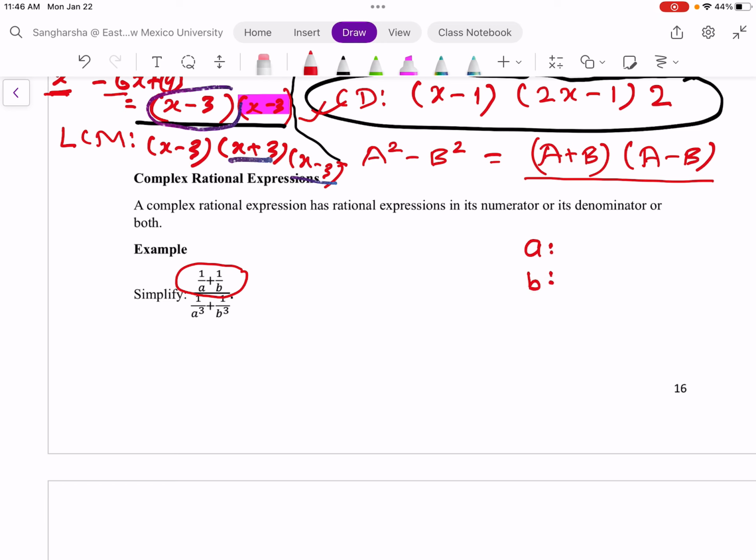What is the common denominator? ab. And the method is the same, okay? The factor for a is a itself, right? Factors means a number that divides. The factor of b is b itself. In order to find the common denominator, we look for the common factor. There is no common factor, so you write down every factor together. So you have a, b. So this is the common denominator, okay?